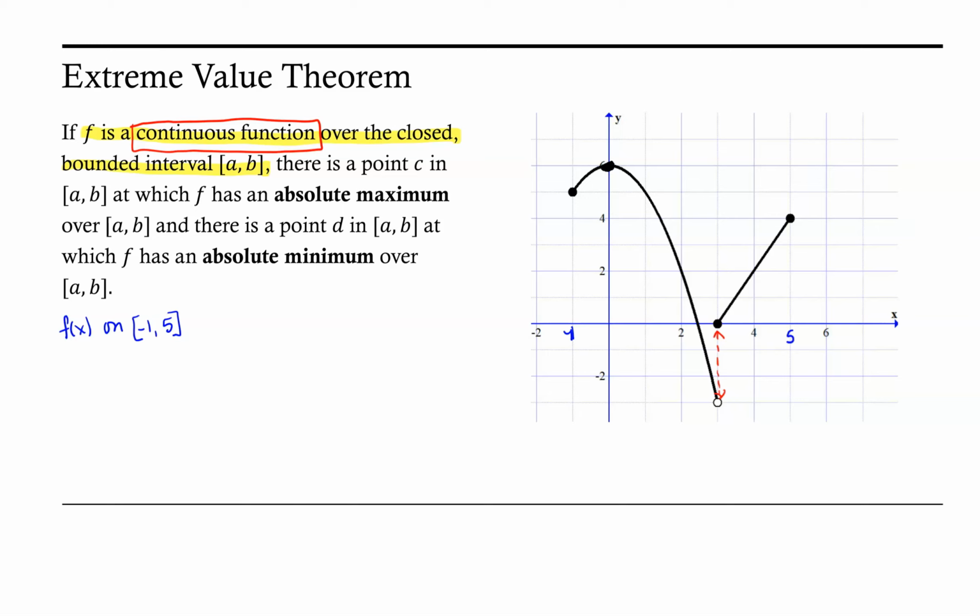And it occurs where x equals 0. So we could say that f of x has an absolute maximum of, we said 6, that's the output value of 6 at x equals 0.